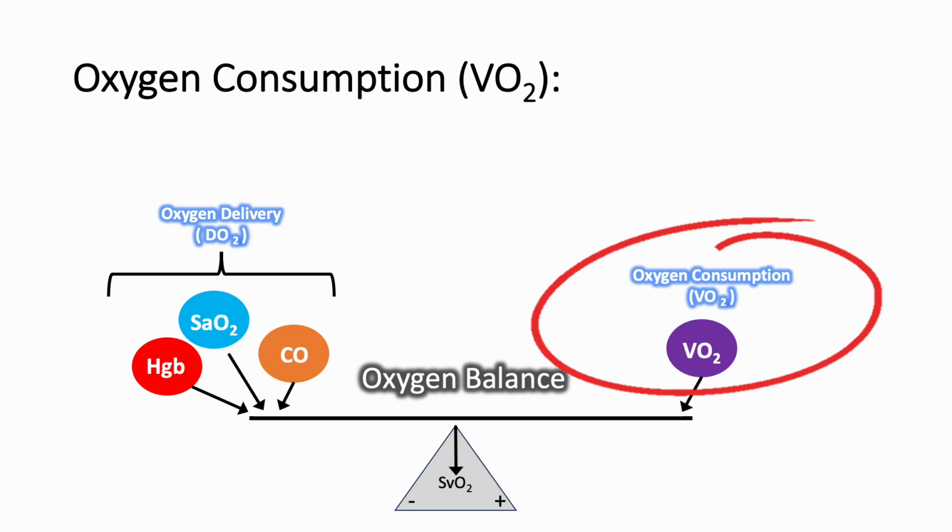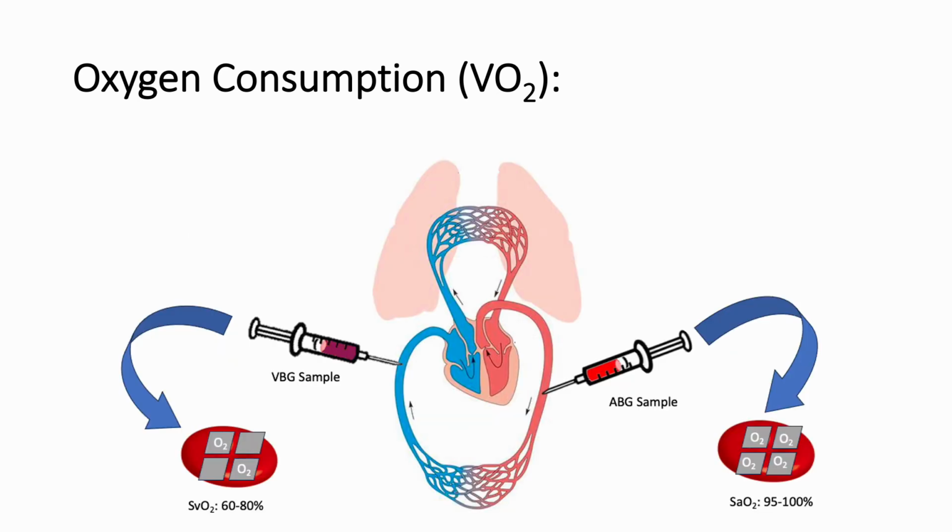The second part of understanding oxygen balance relates to the amount of oxygen that the body is consuming on a minute-to-minute basis. This is referred to as oxygen consumption, and again, abbreviated VO2. Important to note that under normal conditions, the entire amount of oxygen initially loaded onto hemoglobin in a sample of blood as it passes through the lungs is not entirely removed and utilized by the body by the time it returns to the lungs again.